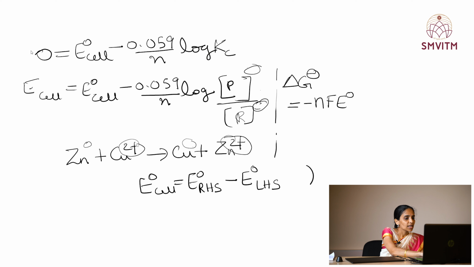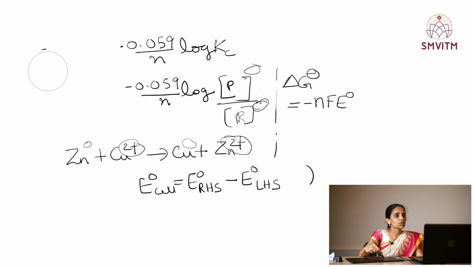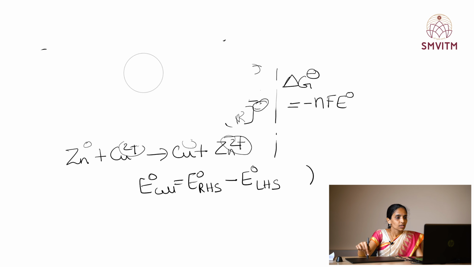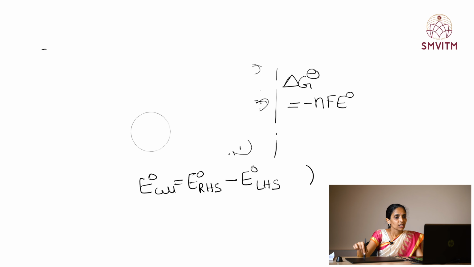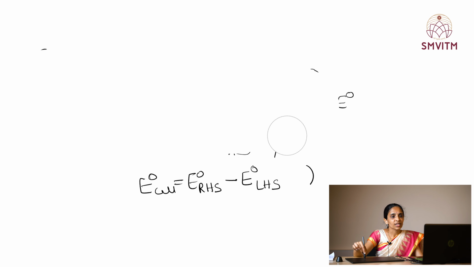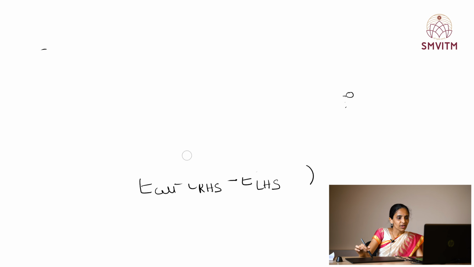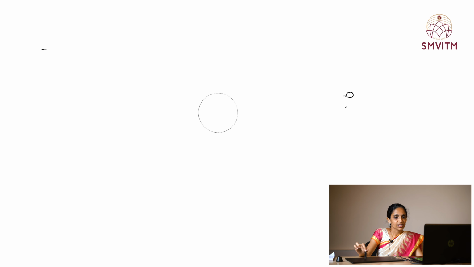We find out the integration constant value. After substituting, we get the integrated rate equation. For first order also, in the same way, we start from the differential rate equation, integrate it assuming proper conditions, find out the integration constant value, and finally deduce the integrated rate equation.